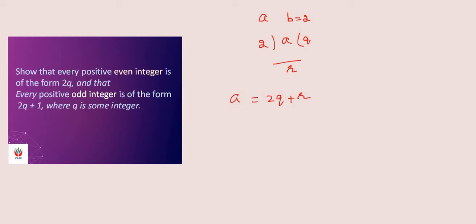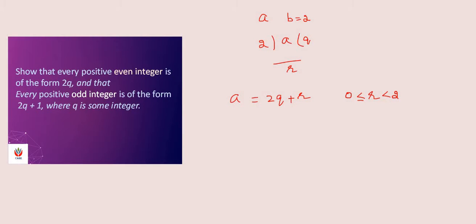a is equal to 2q plus r, and r takes the values 0 but not b. But b here is 2. So r takes the values 0 but not 2.